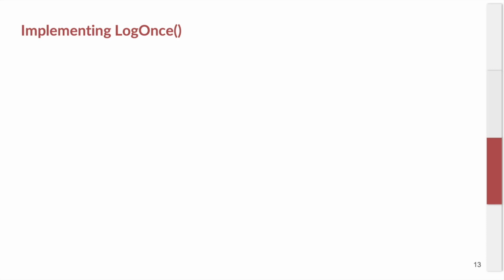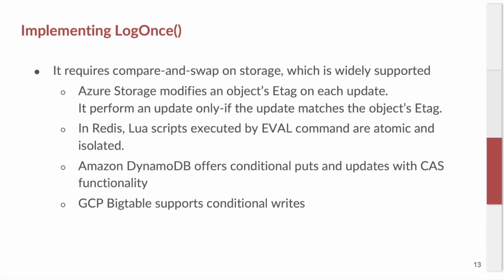Implementing log_once requires compare-and-swap on storage, which is widely supported in today's storage services. For example, Azure Storage modifies an object's e-tag on each update so that it can perform an update only if the update matches the object's e-tag.